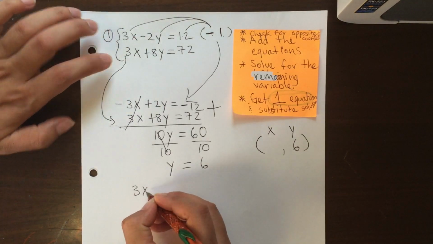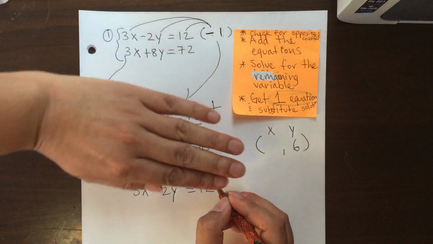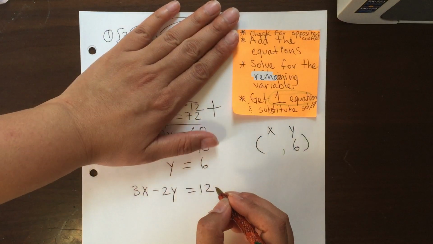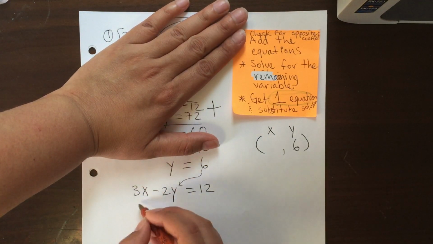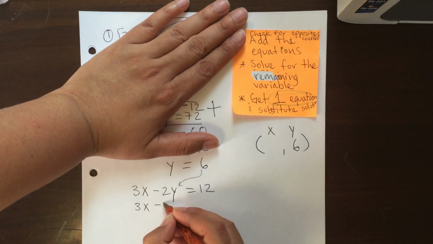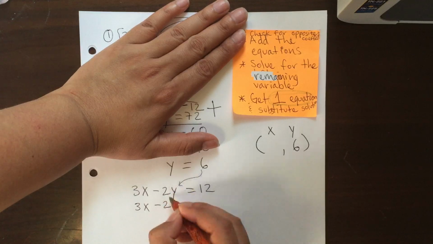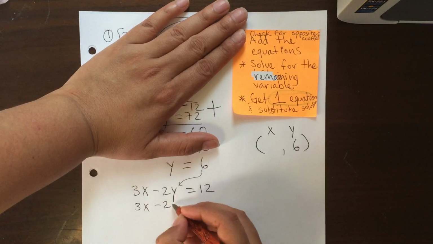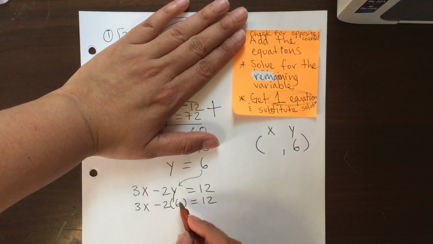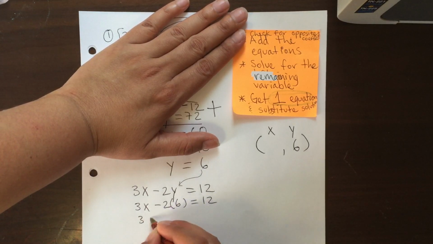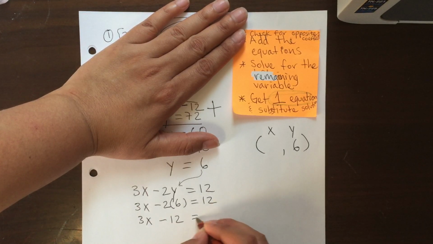I'm going to have 3x minus 2y equals 12. I forget about everything now that I got my equation except my solution that I'm going to substitute into my y. So 3x minus 2, don't forget to write this. Some people want to get rid of the whole term instead of just y. You're just replacing y. And I multiply. So 3x, -2 times 6 is -12 equals 12.